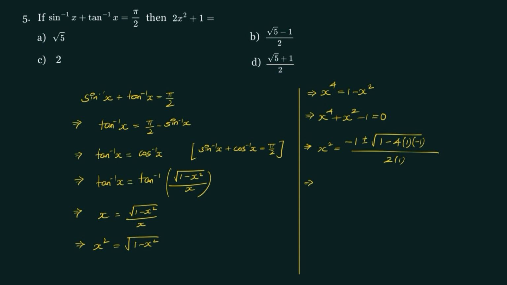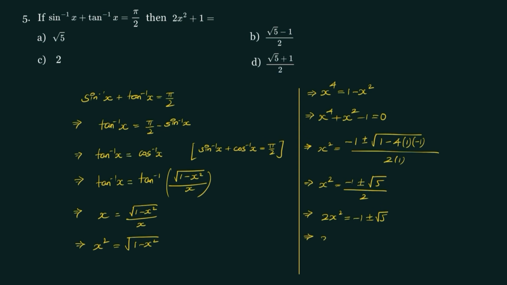So this implies x square equals minus 1 plus minus, on simplifying we will get root 5, divided by 2. Cross multiplying, 2x square equals minus 1 plus minus root over 5.